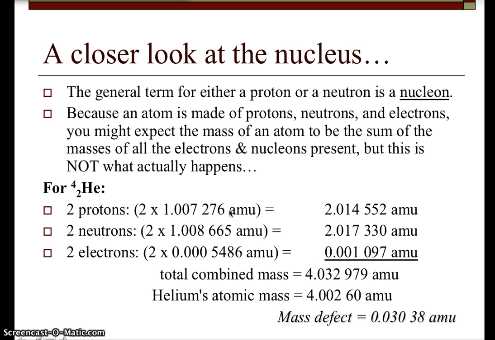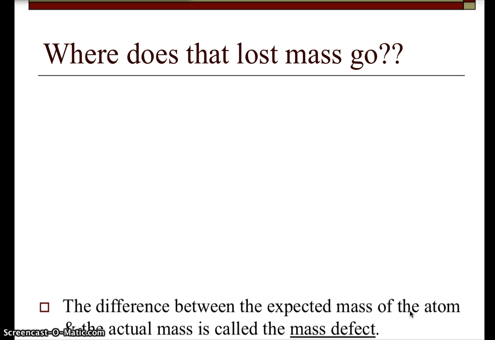If I take the exact mass of each individual subatomic particle and add them all together, I end up not getting exactly the same amount as the measured mass of one whole helium atom put together. This missing mass is called a mass defect. There is a measurable difference in the mass of the whole atom as opposed to the sum of its parts. So where does that mass go?